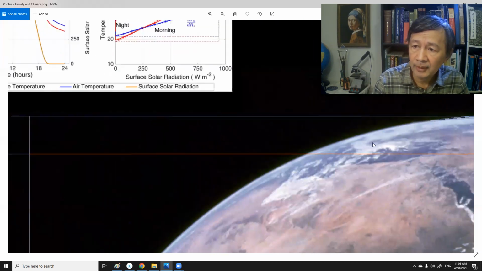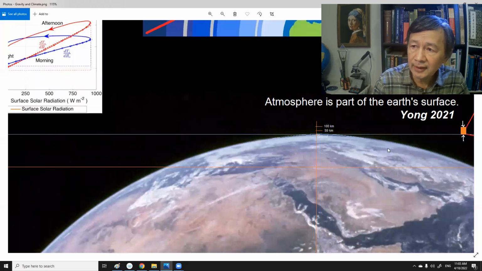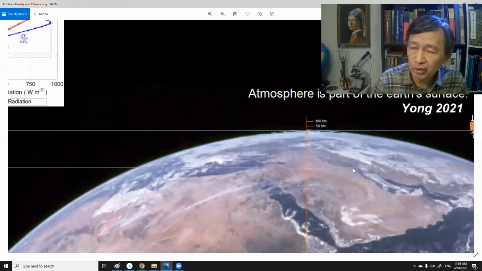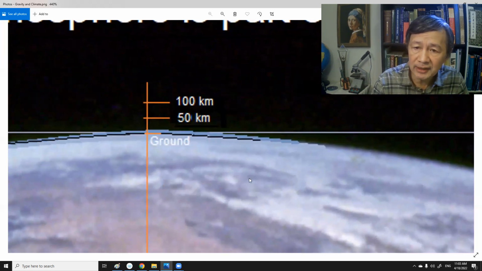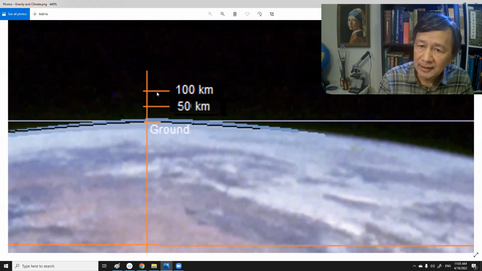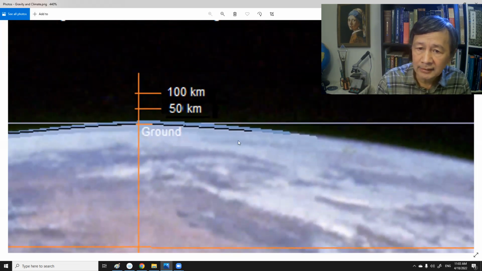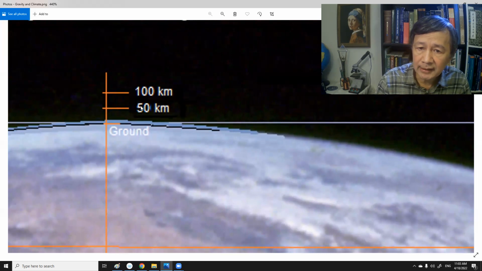Now, if we use this more realistic scale to draw 100 kilometers above the surface, that would be the case. See, this is the ground, and this is 100 kilometers above the Earth.